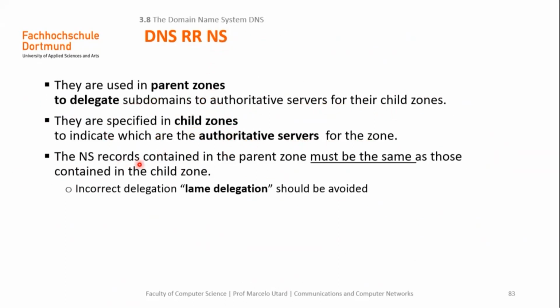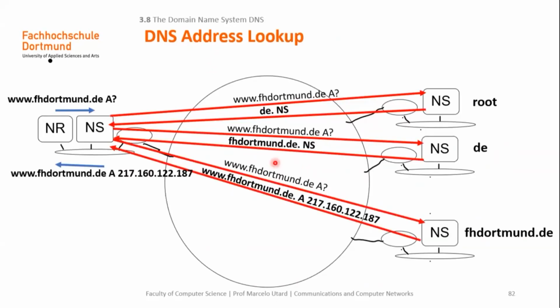And the NS records contained in the parent zone must be the same as those contained in the child zone. That is, typically, if this is a parent zone and this is a child zone, the child zone has typically several NS records that identify which are the authoritative servers of this zone.